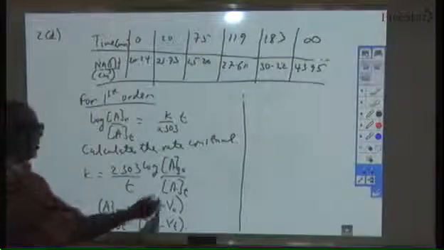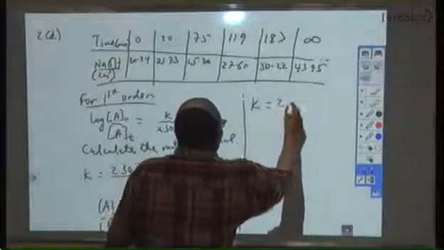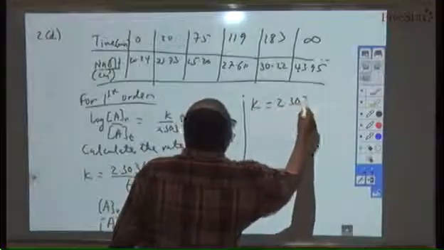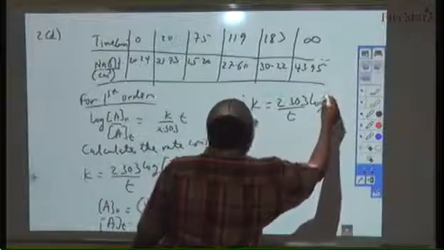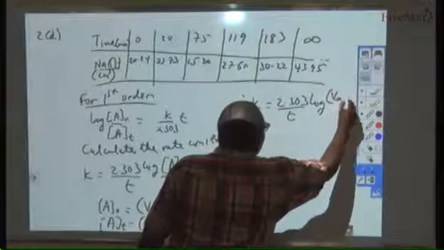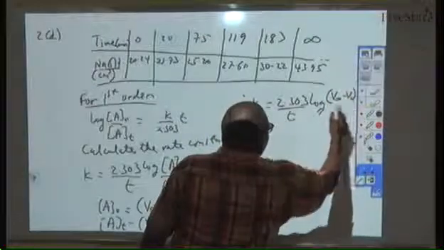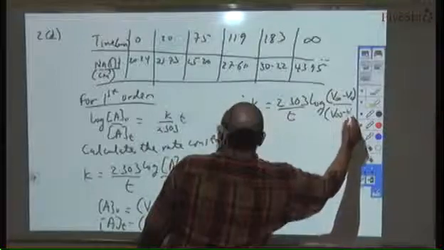If you substitute this, we get K equal to 2.303 over t, logarithm of V infinity minus V0 over V infinity minus Vt.